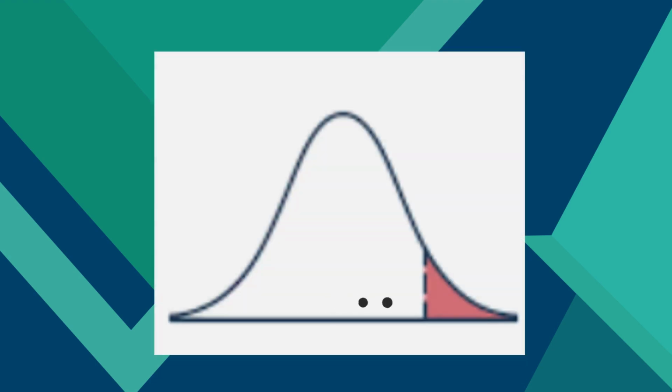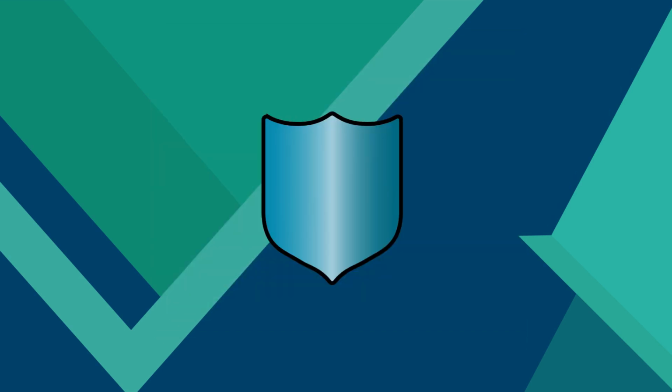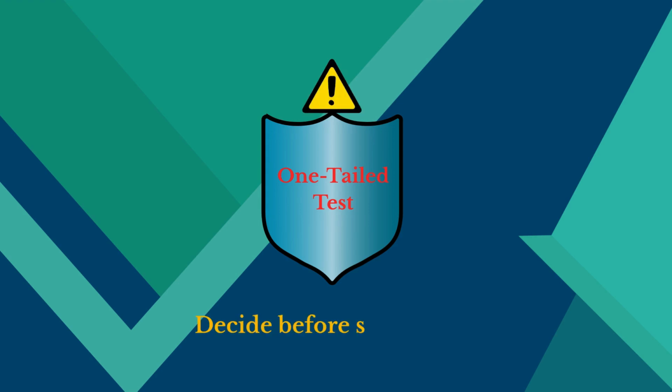This has an important consequence. All the probability and skepticism is concentrated in one place. That means the same observed result will look more extreme than it would in a two-tailed test. This is why a one-tailed test can produce smaller p-values for the same result. But this power comes with a rule. A one-tailed test only makes sense if you are truly willing to ignore the opposite direction.